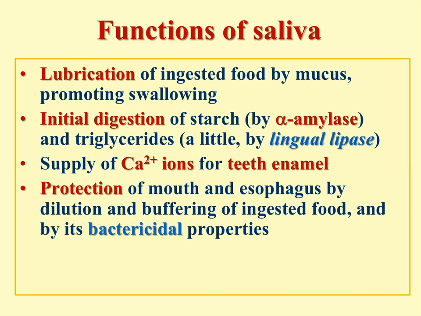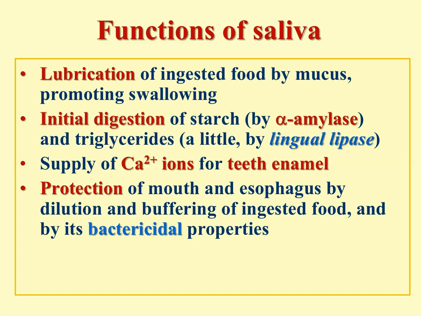Then protection, an extremely important function. Protection of mouth and esophagus by dilution and buffering of ingested food, and also protection by bactericidal properties of saliva. Previously mentioned lysozyme has another name, muramidase. It means that it splits the bacterial wall for many bacteria.